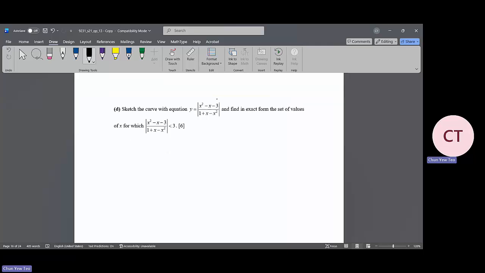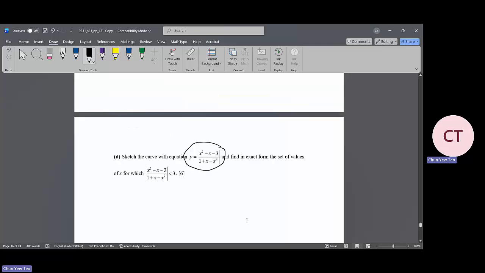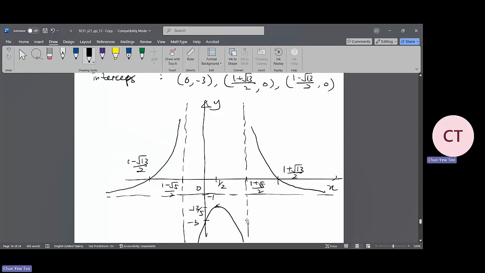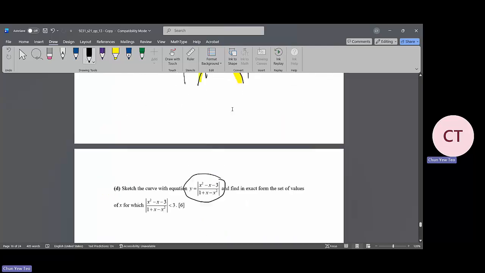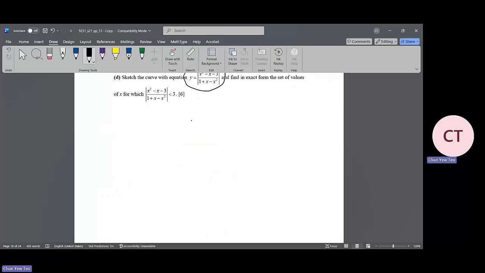7D, we want to sketch the graph of a modulus. Sketching a graph of a modulus means everything that you have over here all needs to be reflected. So if you draw again, your graph will look something like this.